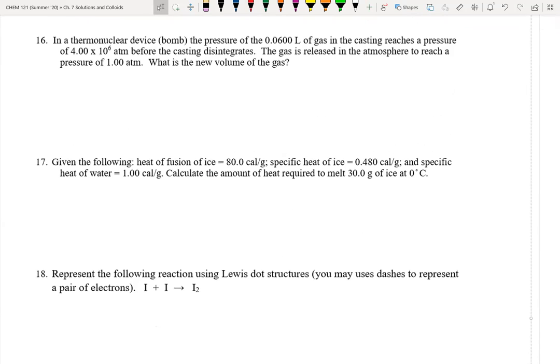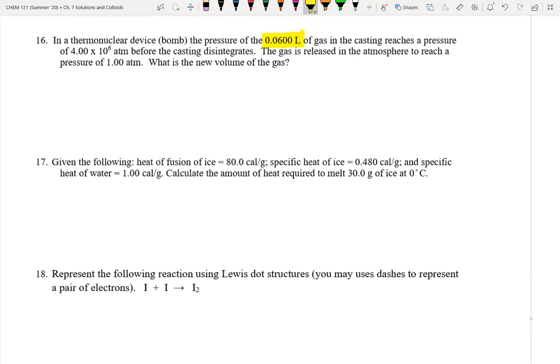So she's talking about a thermonuclear bomb, which is a hydrogen bomb that has a small amount of gas on the inside. It's actually special isotopes of hydrogen that they fuse together to form a heavier isotope. That's what releases an incredible amount of energy. And it releases a lot of power, but it's asking what's the new volume of the gas? So let's look at what we've got here.